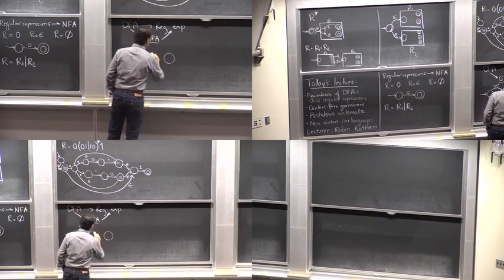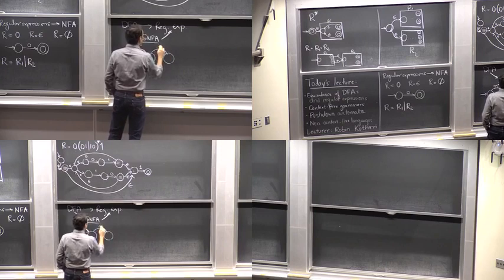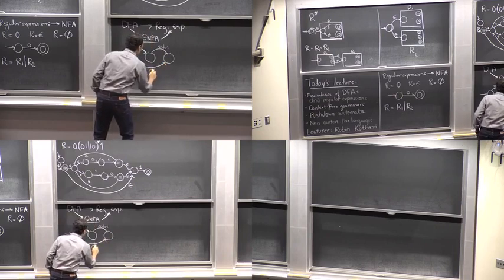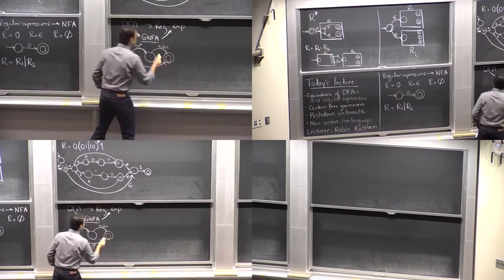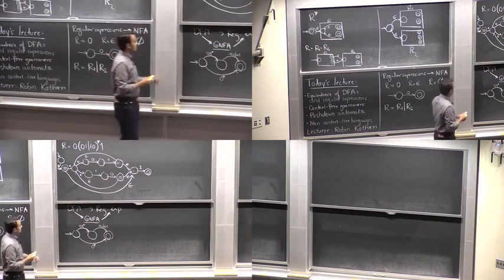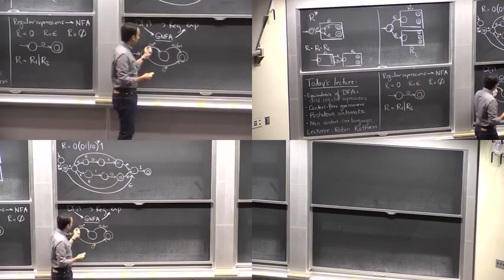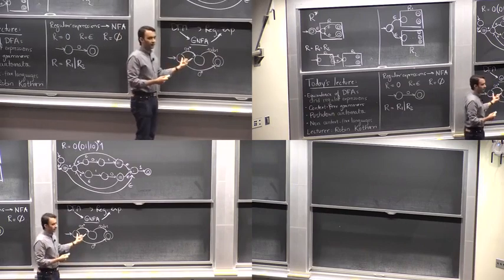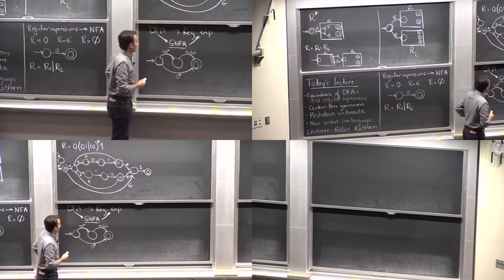And maybe this is another state, and this is 1, 0, or 0, 1. Something like that. So it's more general than a DFA because now you're allowed to put in not just symbols from your alphabet, but also full regular expressions on the arrows.